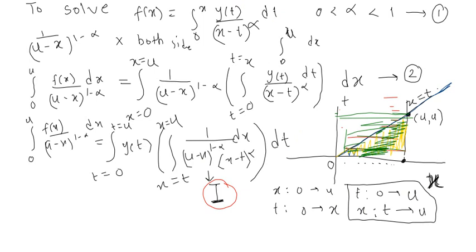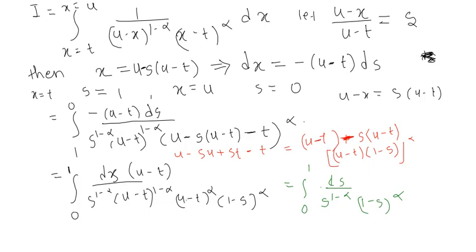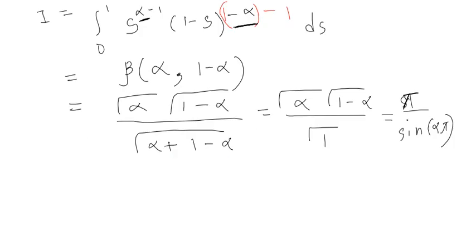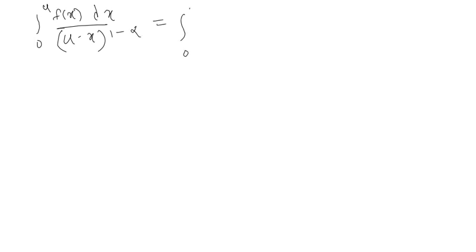So that equation will look like: integral from 0 to u f of x dx divided by (u minus x) raised to 1 minus alpha is equal to integral from 0 to u y of t dt into pi divided by sine of alpha pi.